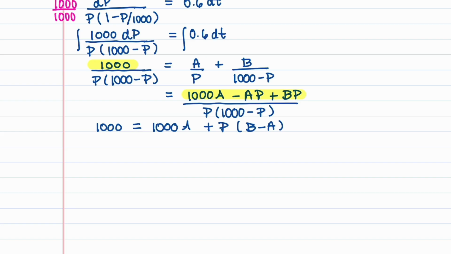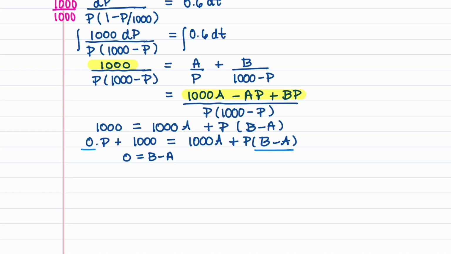I'm going to write it as 0 times P plus 1,000, and then the right-hand side is going to stay the same. We can now see that 0 is going to equal B minus A, and then 1,000 is going to equal 1,000A.